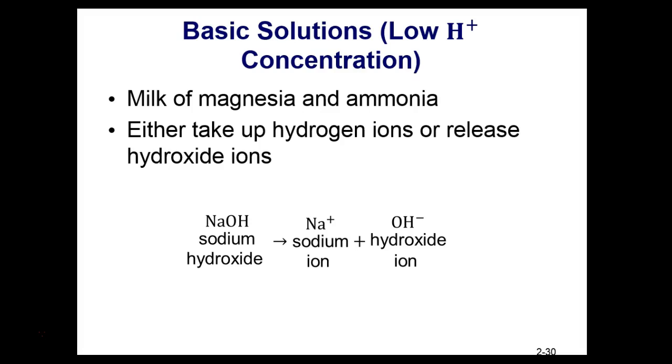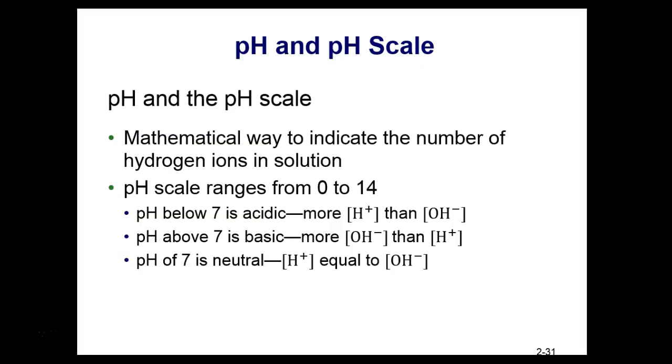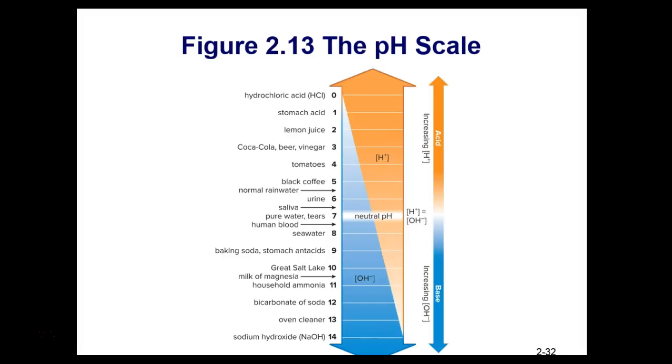Baking soda, stomach acids, milk of magnesia, household ammonia, bicarbonate of soda, oven cleaner, sodium hydroxide. What these things are going to do is take up hydrogen ions, or release hydroxide ions. That's the difference between an acid and a base.